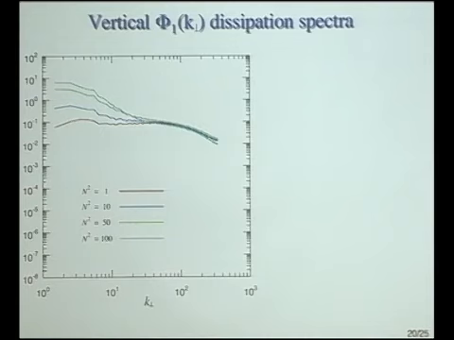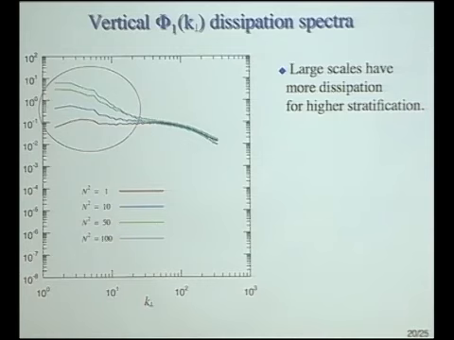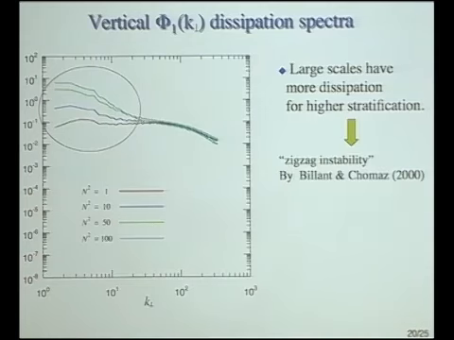So local Richardson number is determined by such kind of dissipation. And if we look at the vertical phi1 dissipation spectra, first, the large scale have more dissipation for higher stratification.